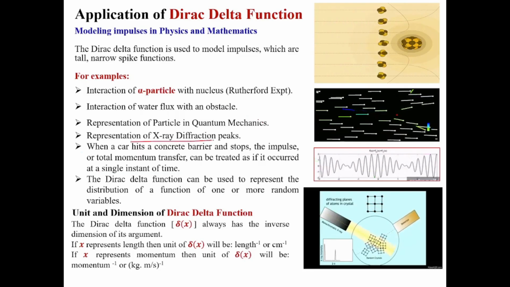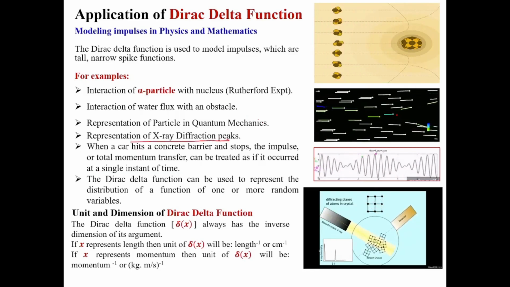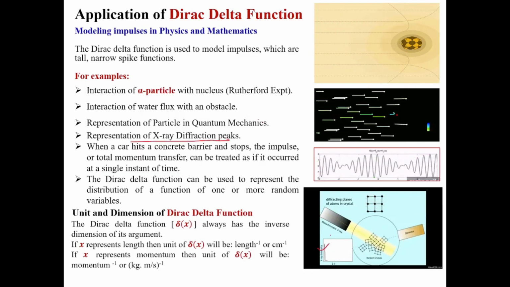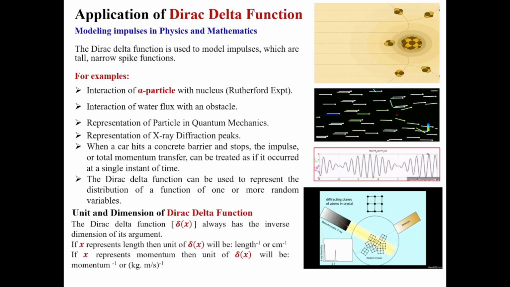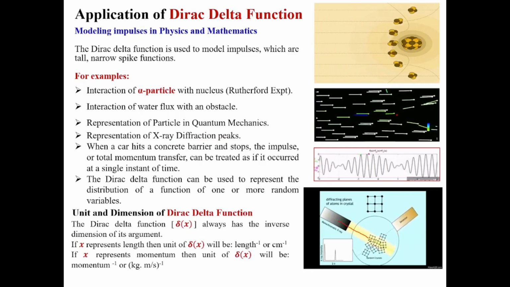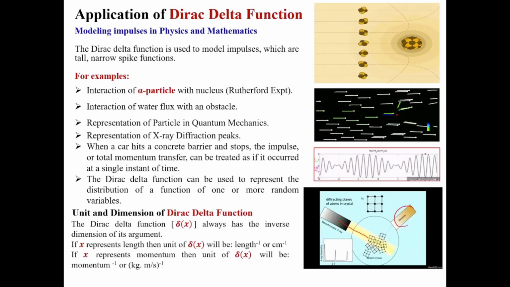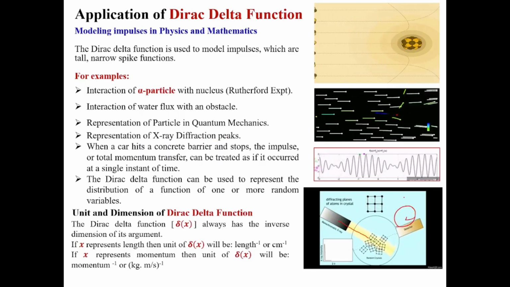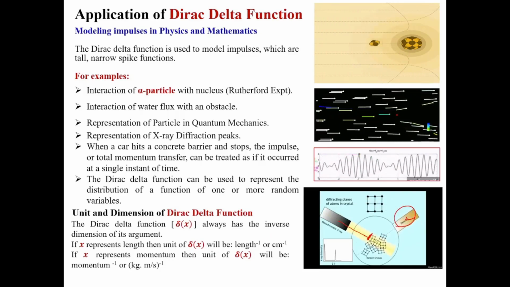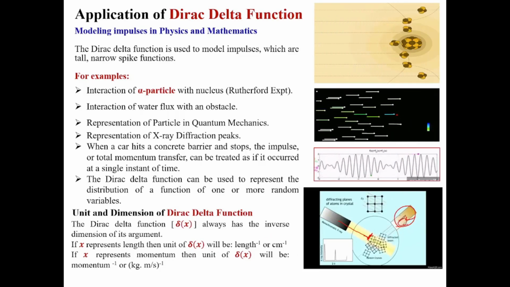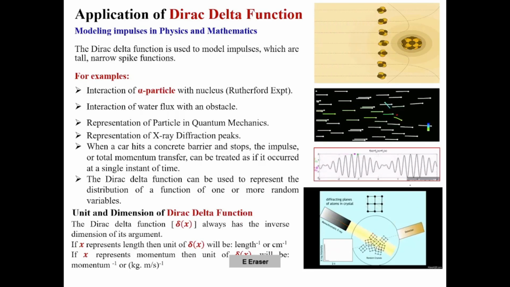Representation of X-ray diffraction peak. Here you can see this is your X-ray diffraction peak. That means when the crystallographic plane interacts with X-rays and constructive interference happens, the detector will detect the maximum intensity at that particular angle.